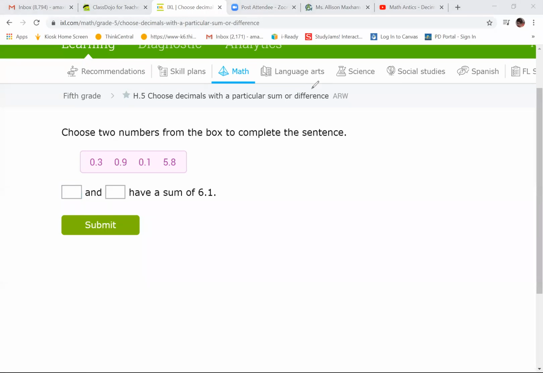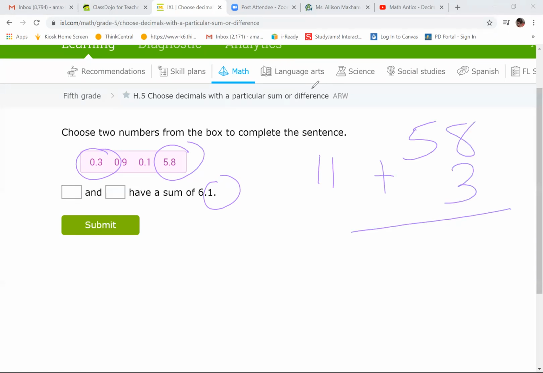All right, let's see. If I'm looking at that 1, I need to think, what numbers can I add up to make a 1? Absolutely none of those will add up to make 1. But you know what? 8 plus 3 is 11. And if I were to think of a 58 plus 3, 58 plus 3 is 61, isn't it?